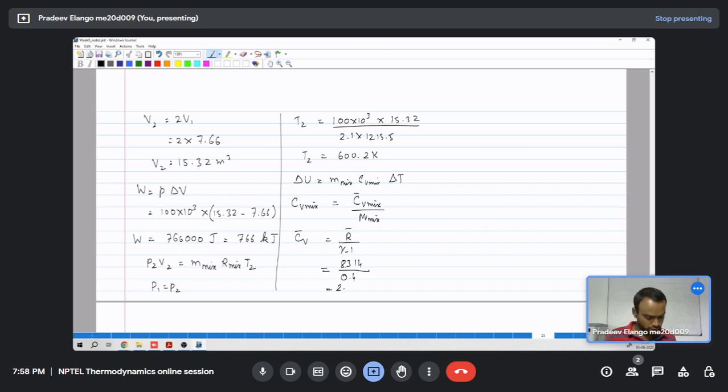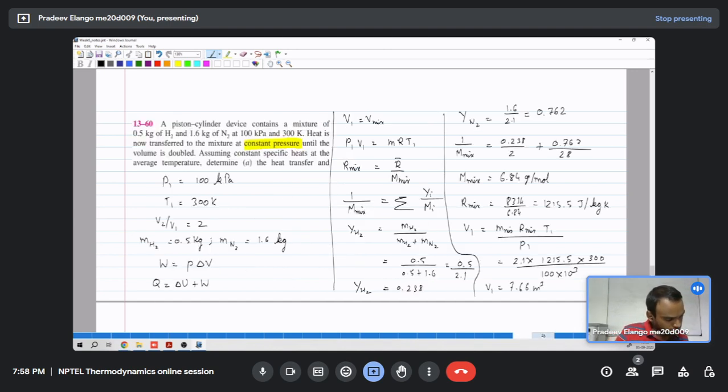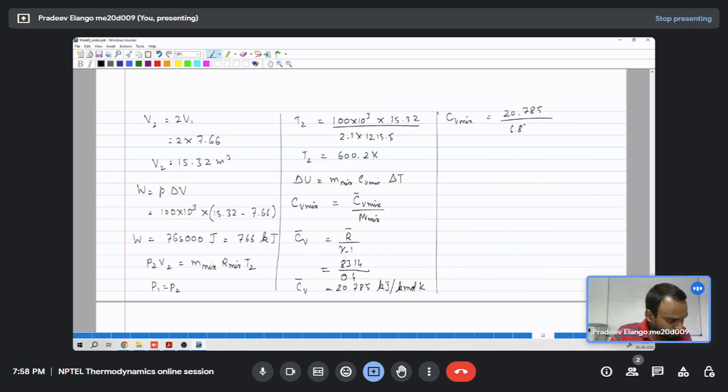That is 20.785 kilojoule per kilomole. CV of the mixture on a mass basis is 20.785 divided by the molecular weight of the mixture, that is 6.84.